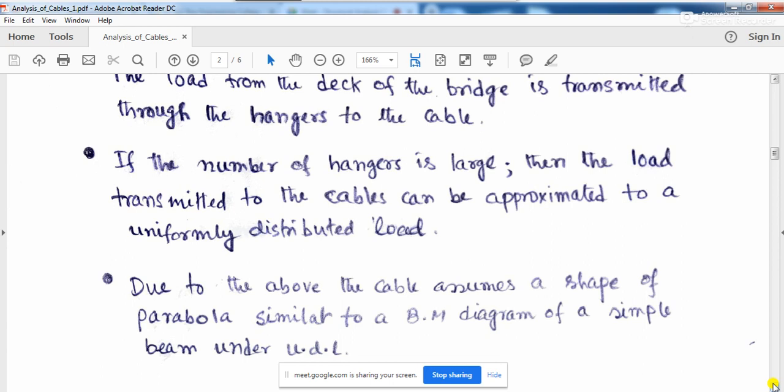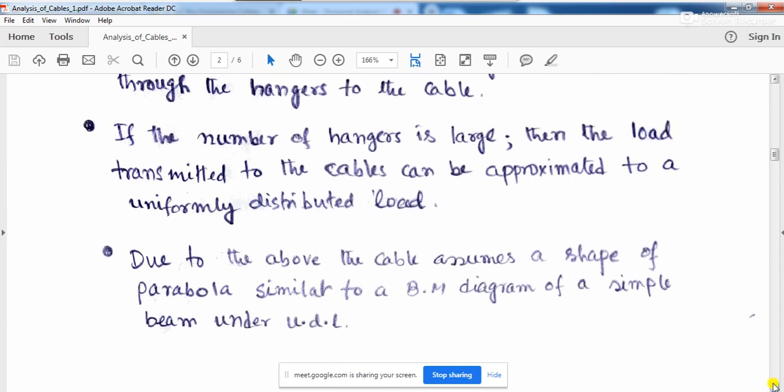Then the shape the cable needs to assume must be a parabola, because in a simply supported beam with a UDL, the bending moment diagram is a parabola.